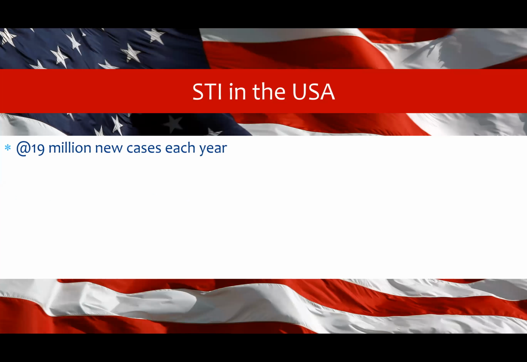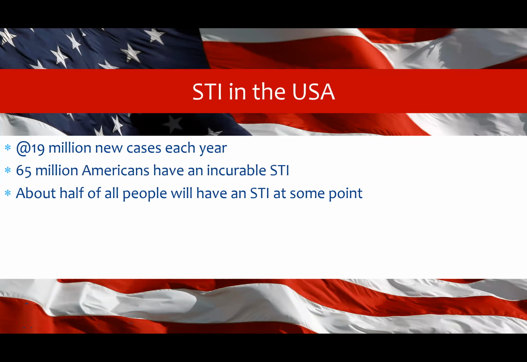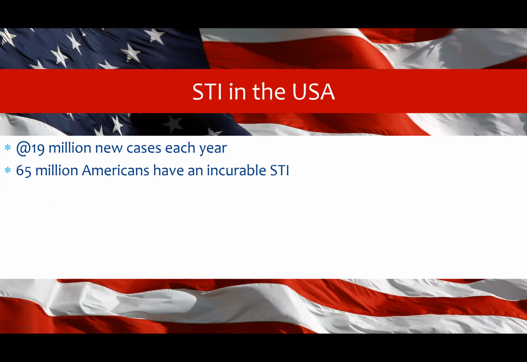STIs in the US. So you have an idea how the US handles STIs. Among industrialized, developed countries, we are the first, leading in cases of STIs, at 19 million new cases each year. 65 million Americans have an incurable STI.